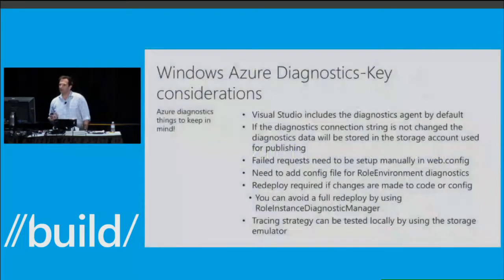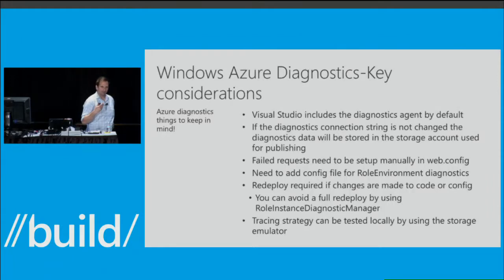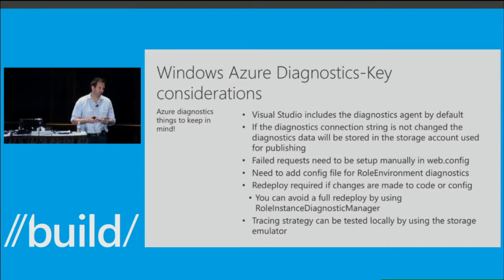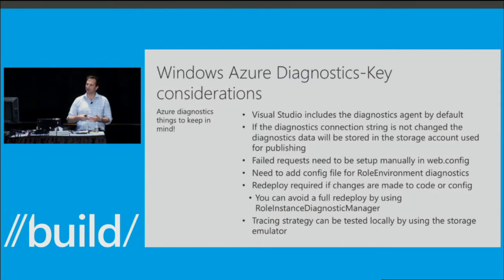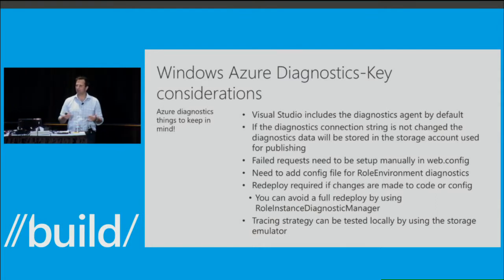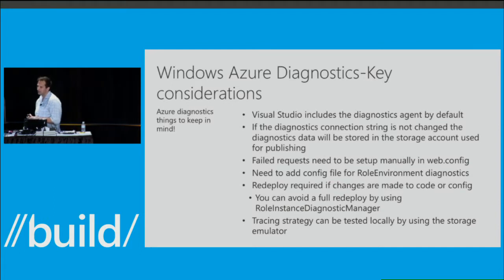All right, so that was a deeper look into Azure Diagnostics. There are a bunch of key considerations to summarize. First of all, Visual Studio contains the diagnostics agent by default. That basically means if you don't go to the role designer and uncheck enable diagnostics, we'll take that, publish it, and then it's up and running.